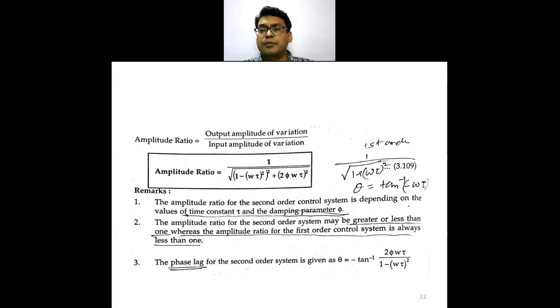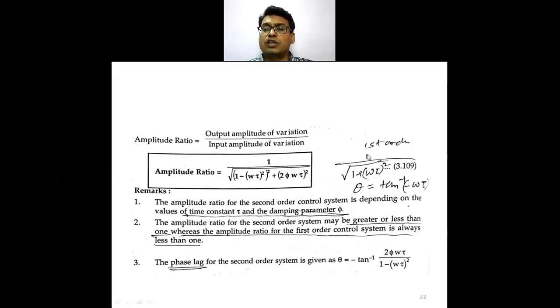For the second order system it depends on the values of the time constant tau and on phi, while for the first order system it depends only on tau. So the amplitude ratio for the second order system may be greater or lesser than 1.